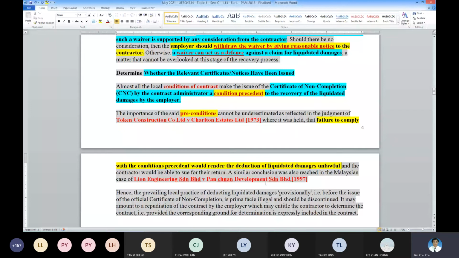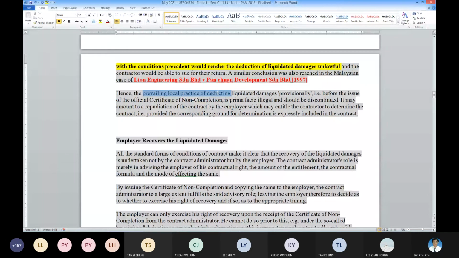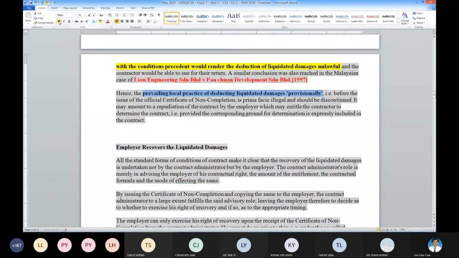So currently the prevailing local practice of deducting LD provisionally, that is before the issue of CNC, is actually illegal. So please remember, this is happening in the industry.